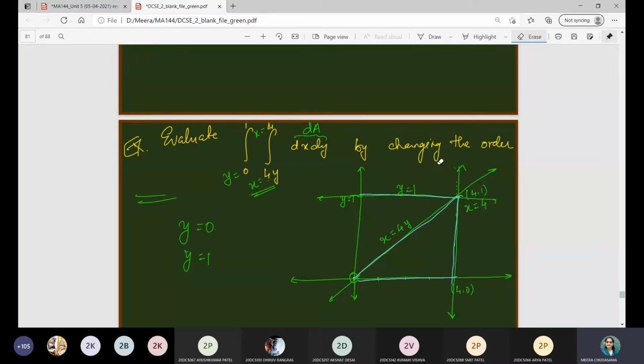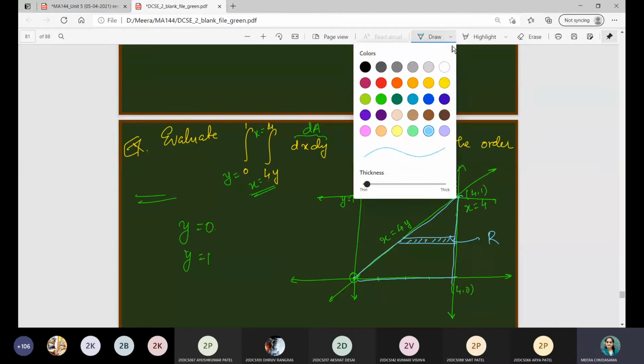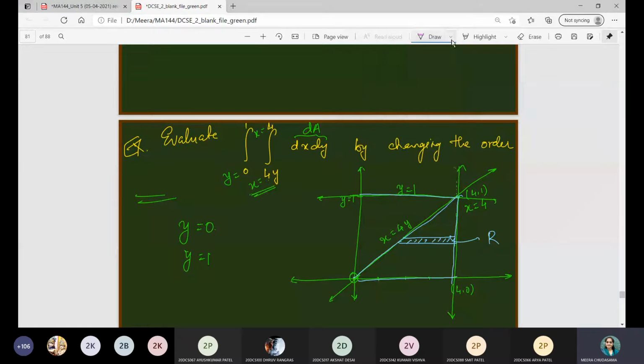I will denote it with R, but let me consider it outside of the triangle. Now the original strip we are given is this one, because it is horizontal in nature, because it will give you the y limits constant. Now we want to change the order. To change the order of the integration, we have to consider the perpendicular strip to the original strip. That means it will be this one.